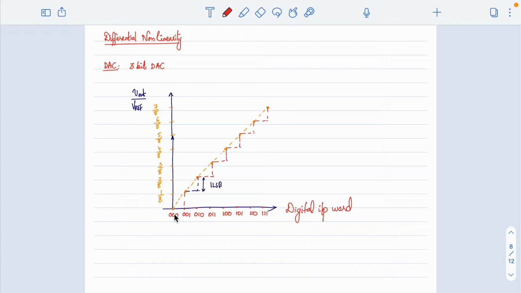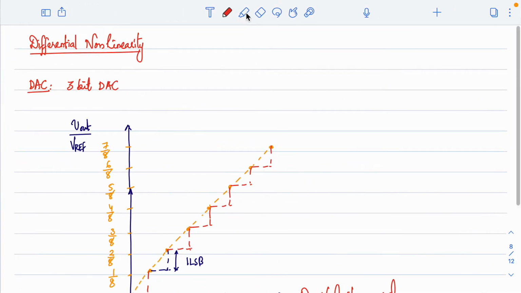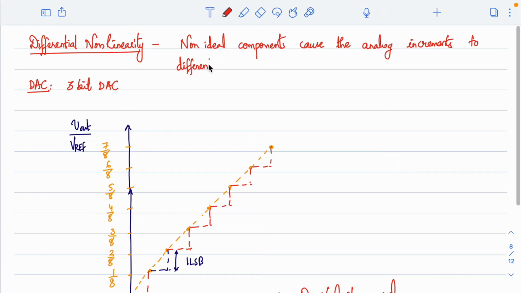So as I just explained, there could be deviations from this ideal behavior. That can be due to the non-ideal components, because we are not working with ideal components. In real circuitry, we work with non-ideal components, and these non-ideal components can cause the analog increments to differ from their ideal step height.